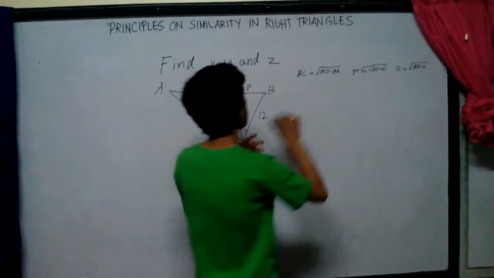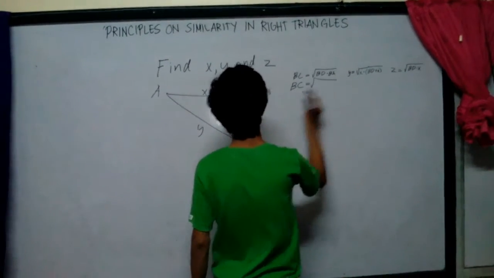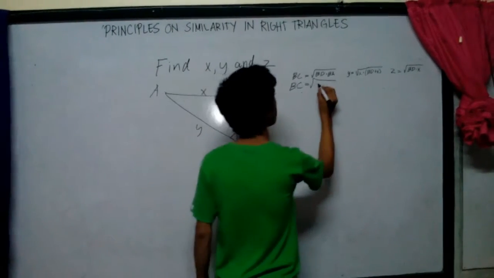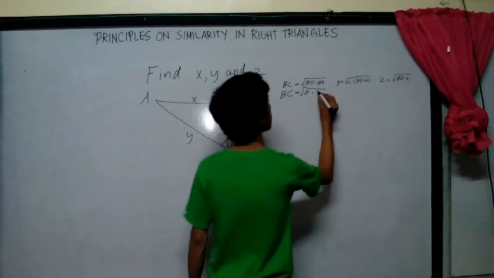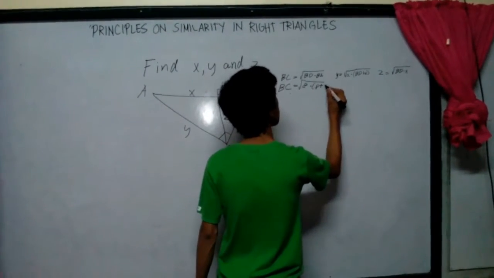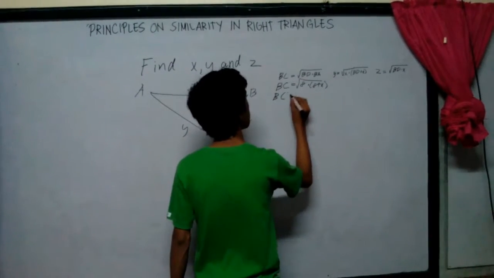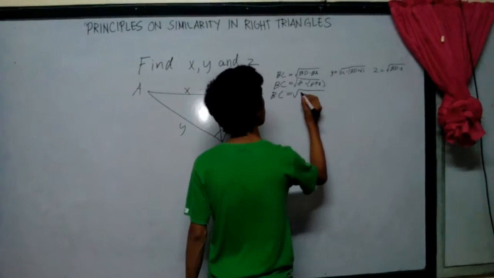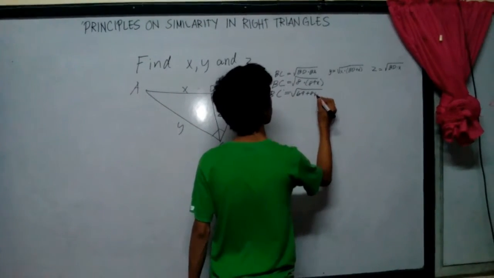Now, BC would then be equal to the square root of BD, which is 8, times BA, which is 8 plus x.